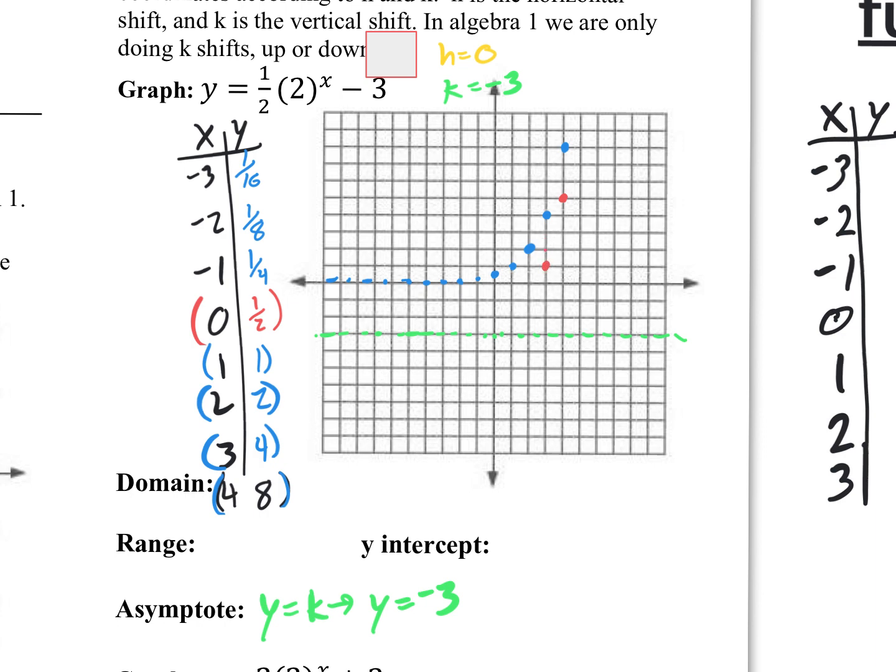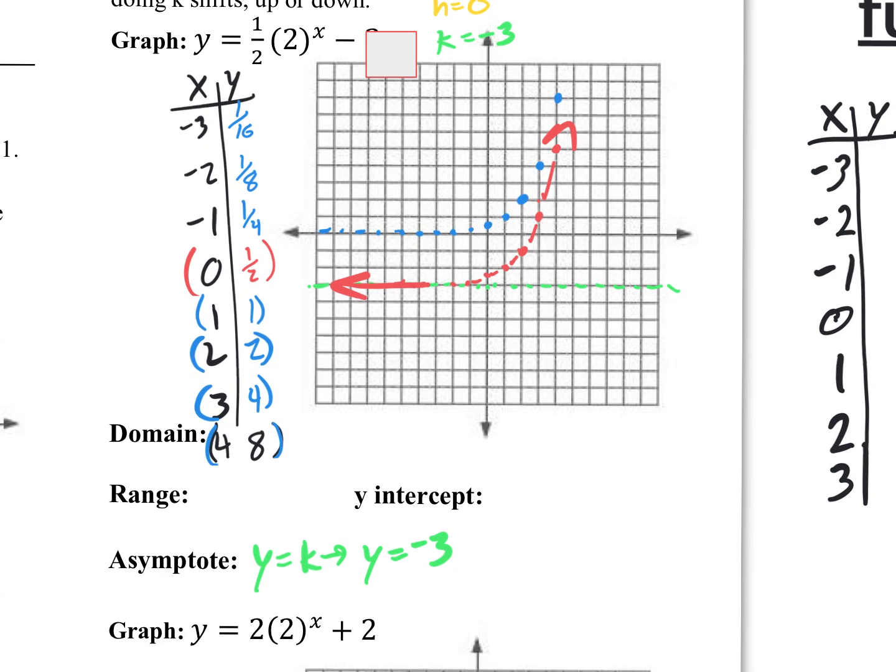And this guy gets shifted 3 down, 1, 2, 3 right here. And so on until you have your new graph down here. And from left to right, it grows to infinity. Do you get it? I hope so.